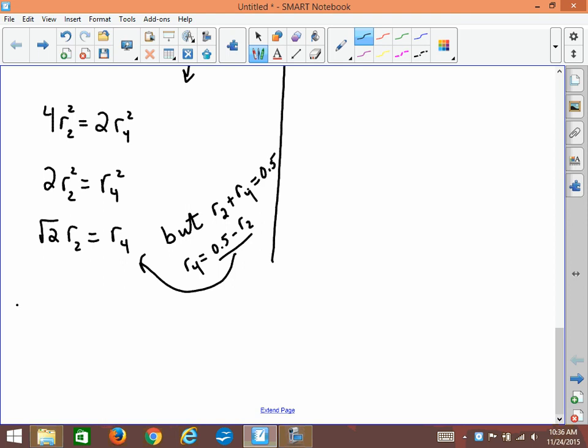So now I have root 2 R2 equals 0.5 minus R2. All right, well, root 2 is just a number. We can figure that out. So if you go to your calculator and you take the square root of 2, here's what you get, 1.41. But I want you to remember something that we often forget about square roots.